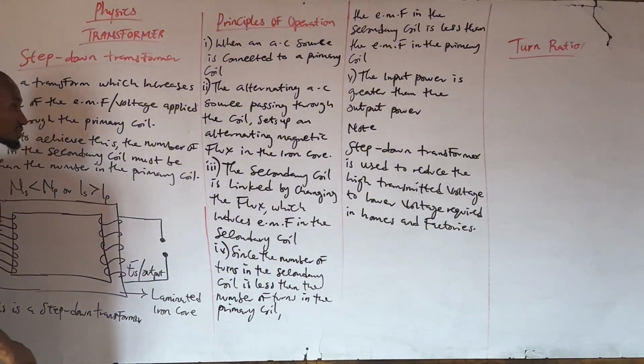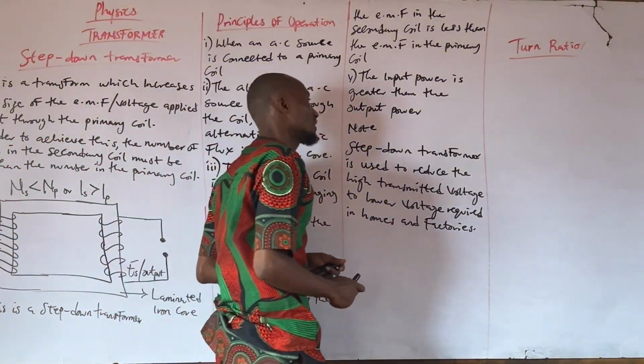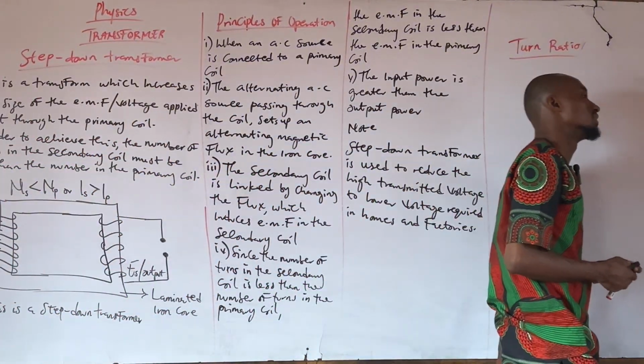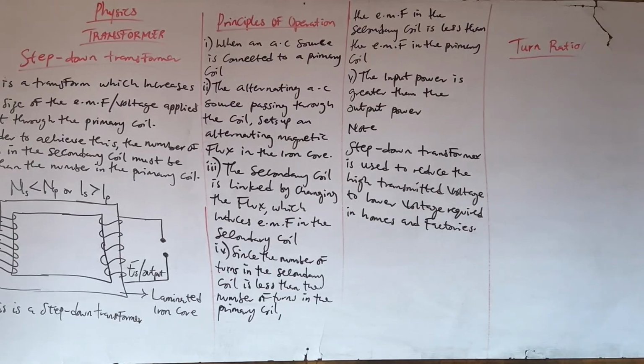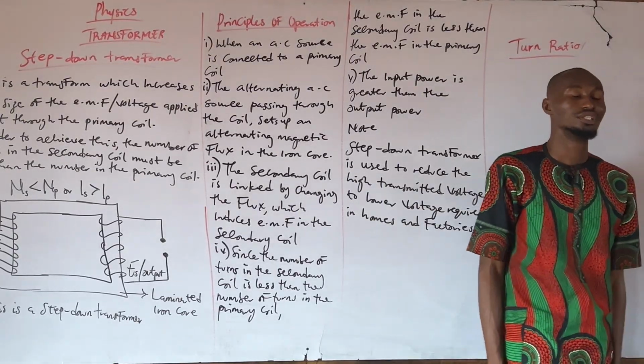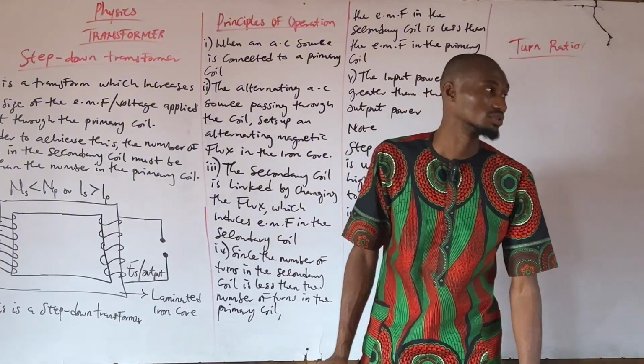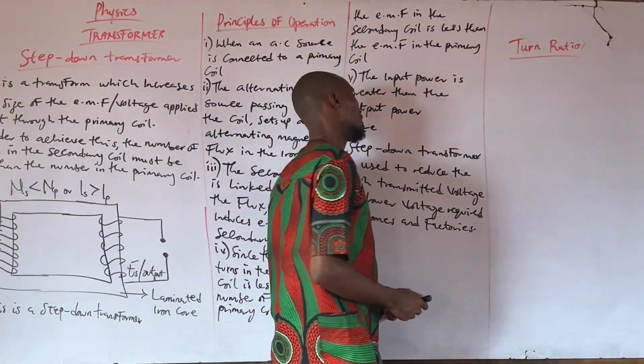Are you there? Turn ratio can be defined as the number of turns of the secondary coil to the number of turns of the primary coil.